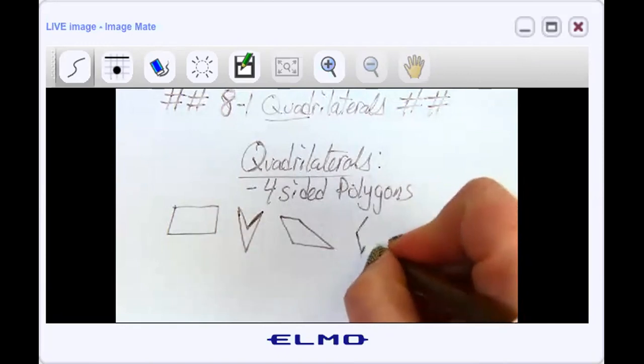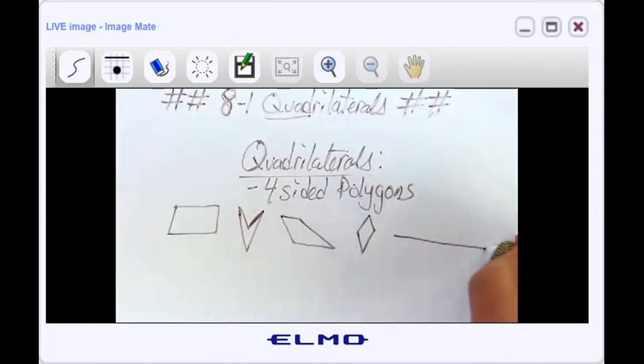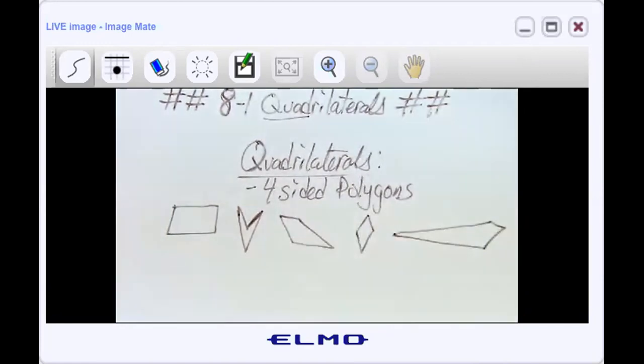You could have a diamond shape. You could have a really weird one, something like this. Any of those, okay? So quadrilaterals are a very broad category. All I need are 4 straight sides that close.